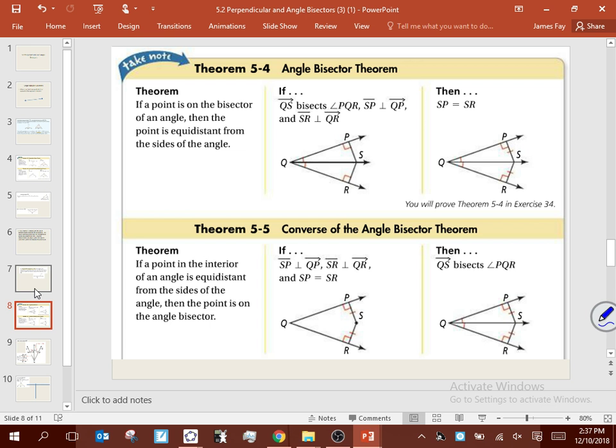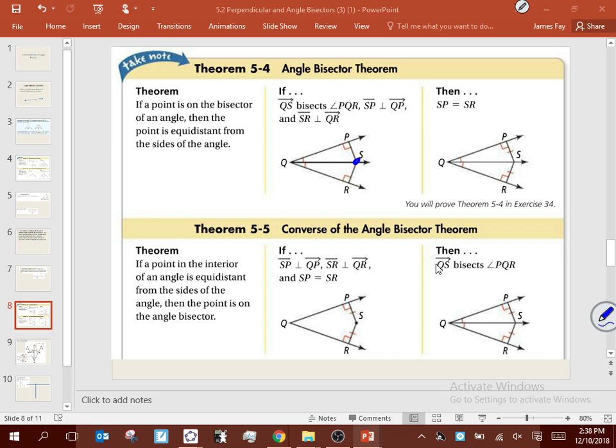Would you guys agree that the sides of an angle can be extended and interpreted as lines or rays, right? Would you agree that a point on the angle bisector, so up here, this point S, is a point that is not on one of the sides of my angle, right?